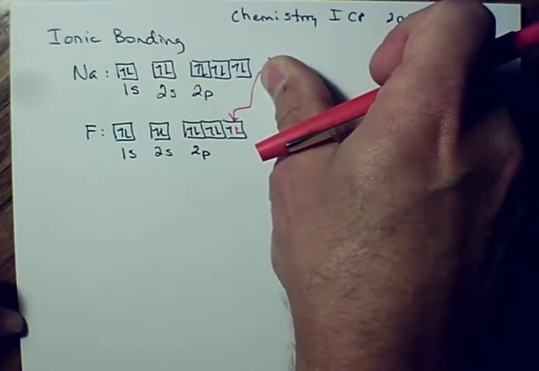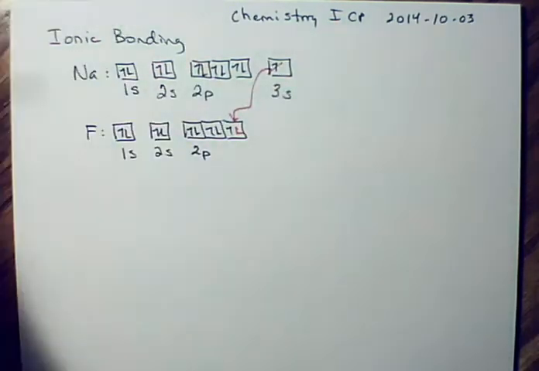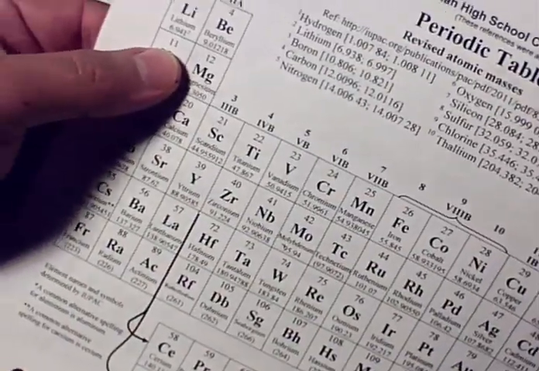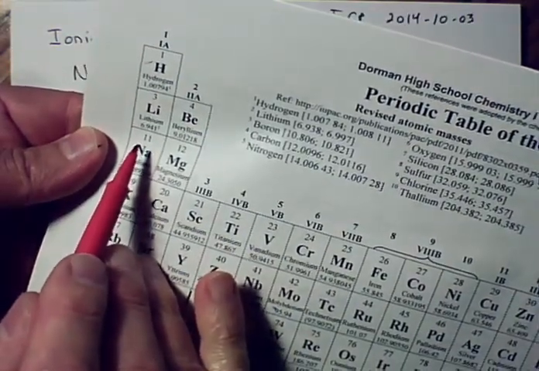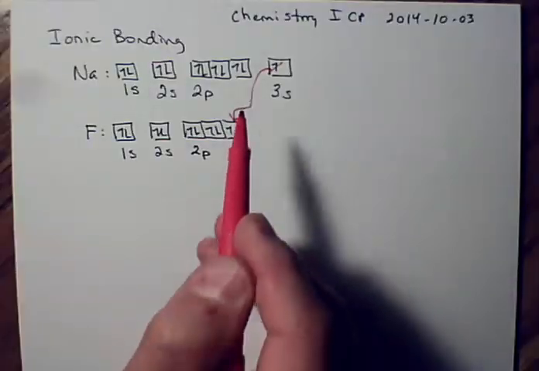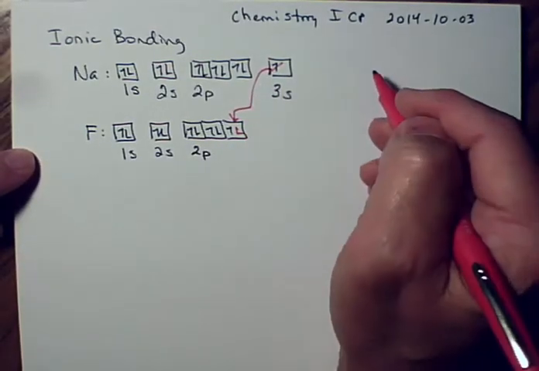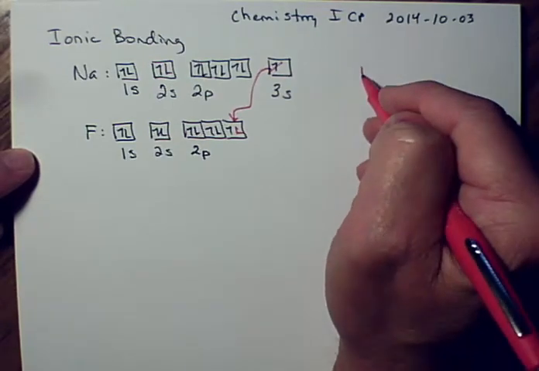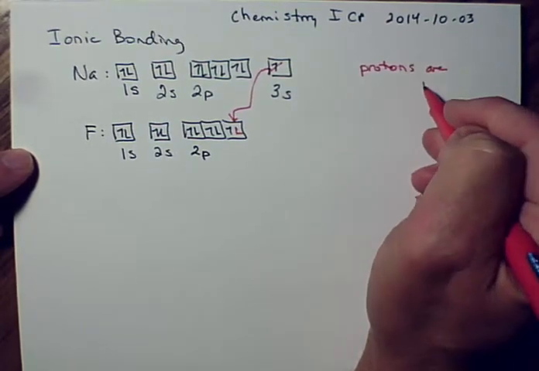But now this means that sodium has 1 less electron. Sodium had 11 protons. There's the 11 protons because that's the atomic number. It had 11 electrons, but now it doesn't. It has 10 electrons. Protons, remember, are positive.